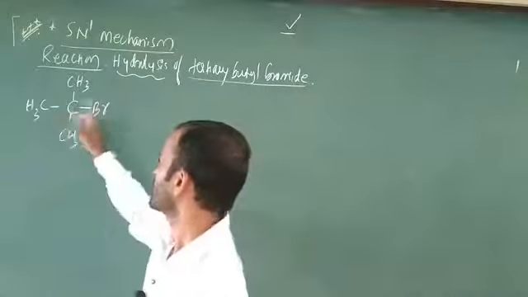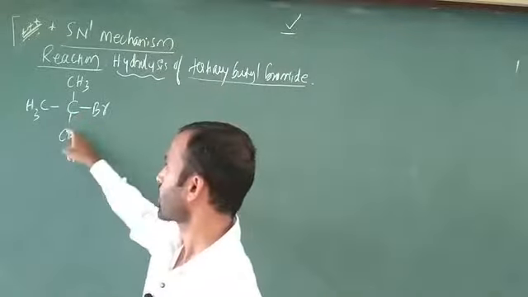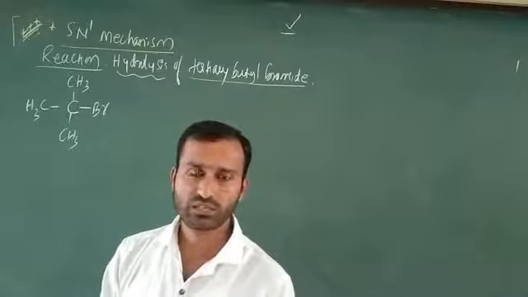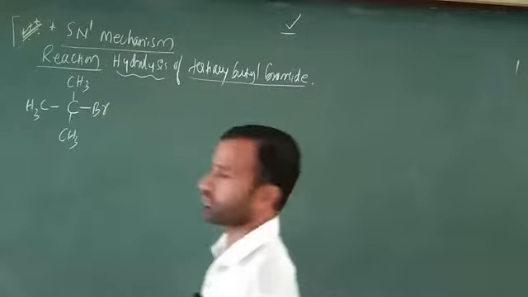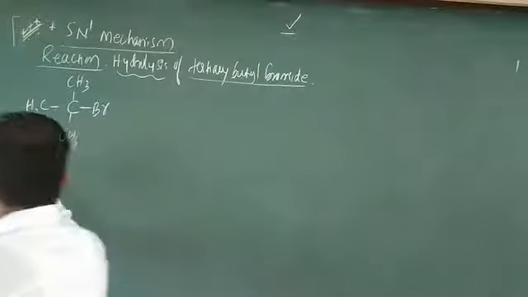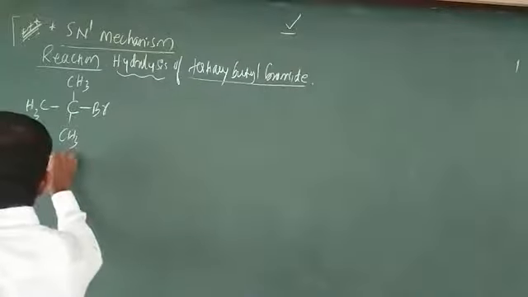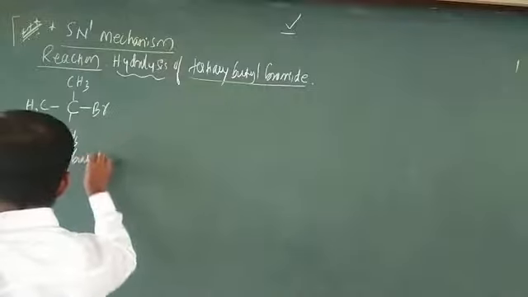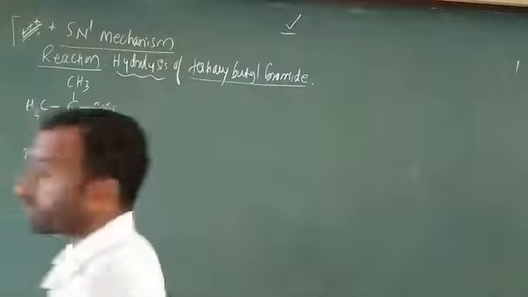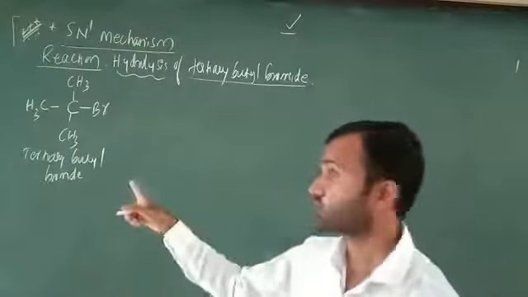That's why tertiary butyl has 1, 2, 3, 4 carbons, so it is called tertiary butyl bromide. This is the common name. If you want, you can write it here: tertiary butyl bromide. Bear in mind, this is a common name.